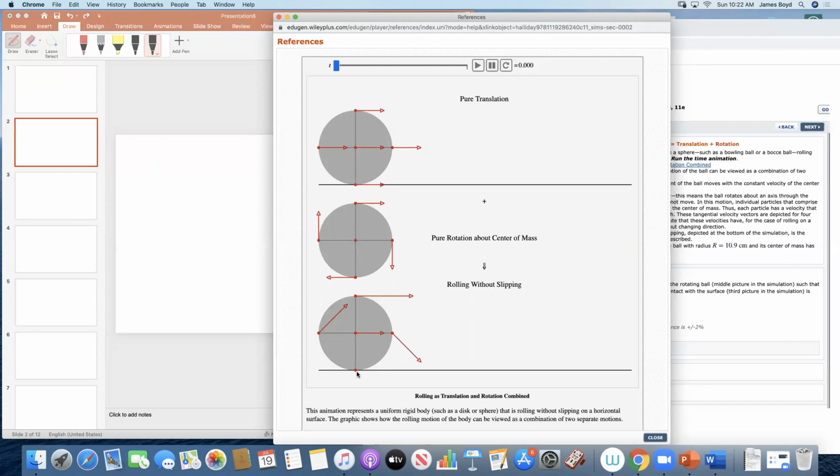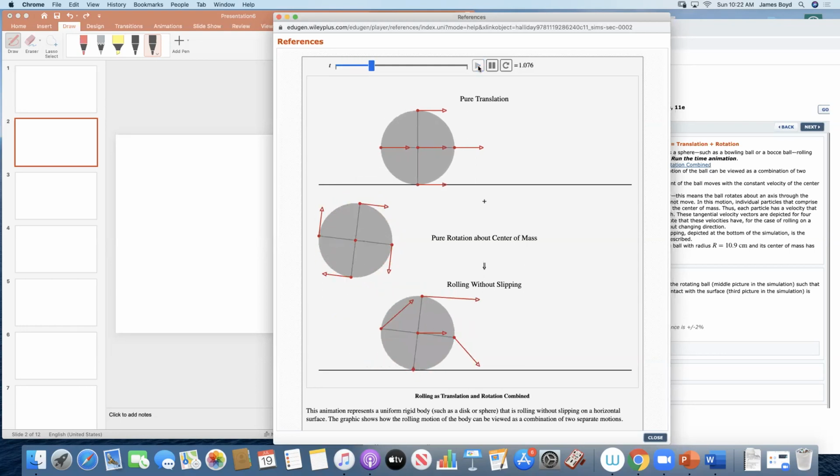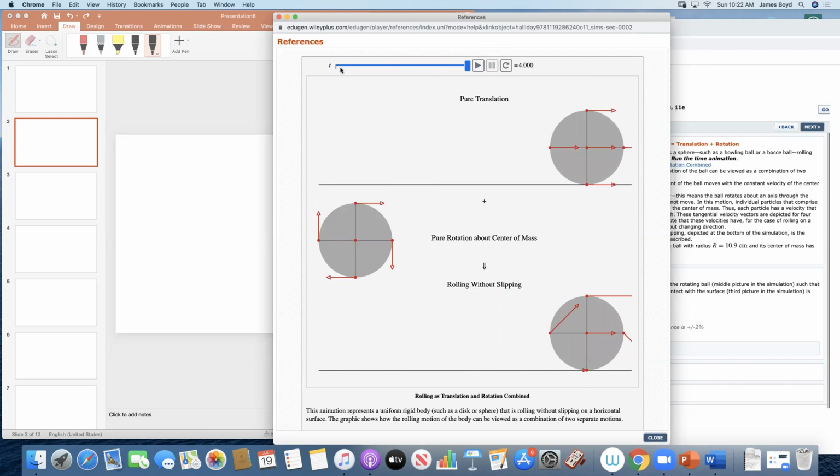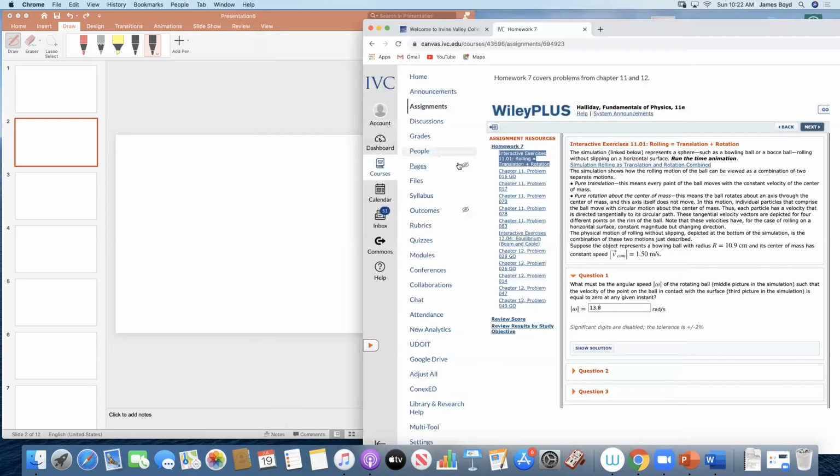The velocity is what I'm talking about. These, because they're a combination of rotation up and translation to the side, end up at some angle, which should be about 45 degrees actually, considering these two vectors are perpendicular. And if you hit play, you can see how it works. That's all good. So just check out that simulation.